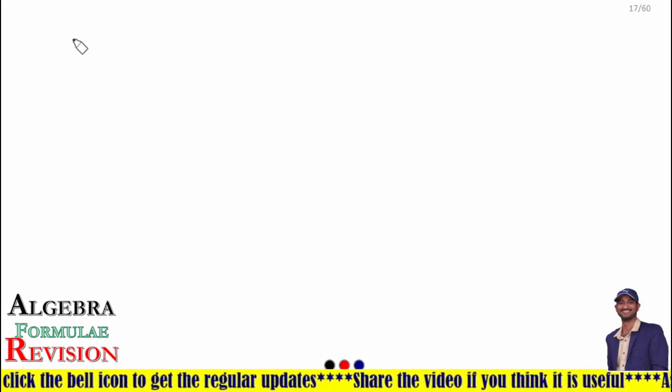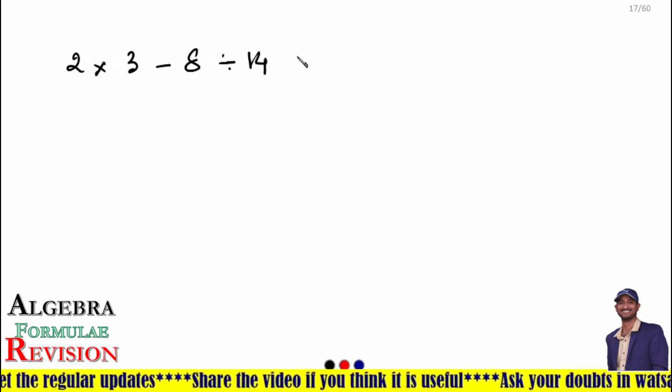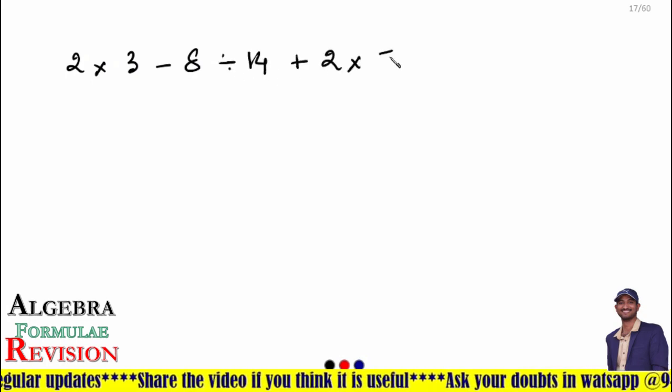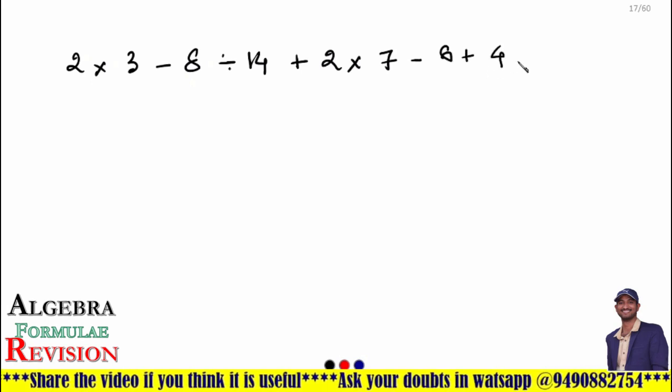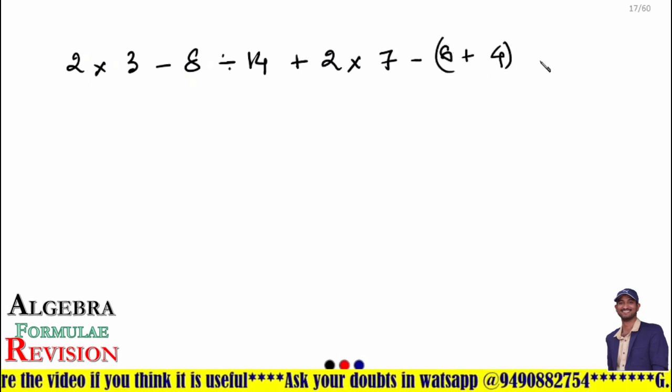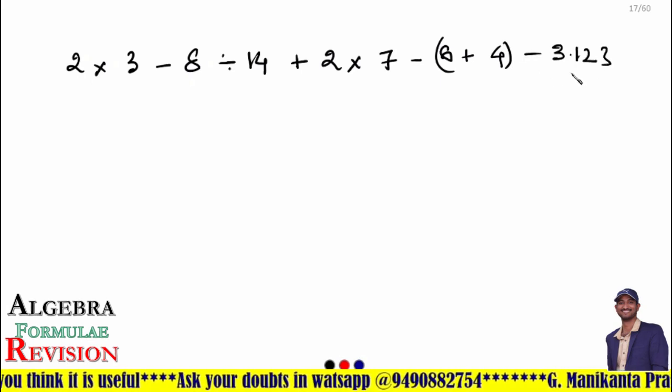Simplification. Whenever we have questions like 2 into (3 minus 8 divided by 14 plus 2 into (7 minus 6 plus 4 divided by 6 plus 4) and minus 3.123, like this.